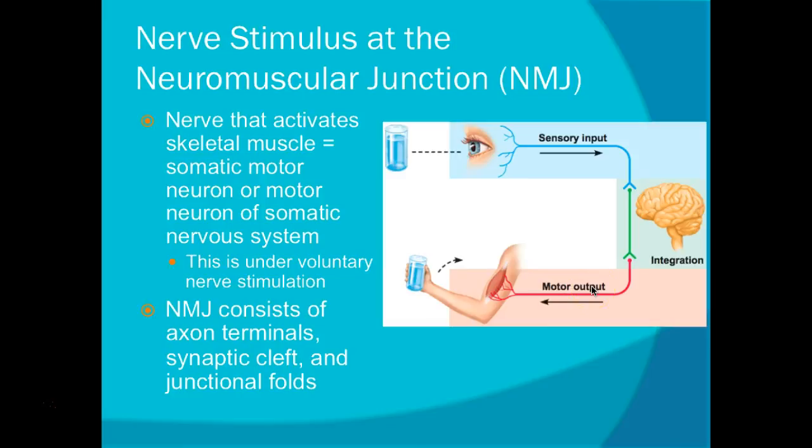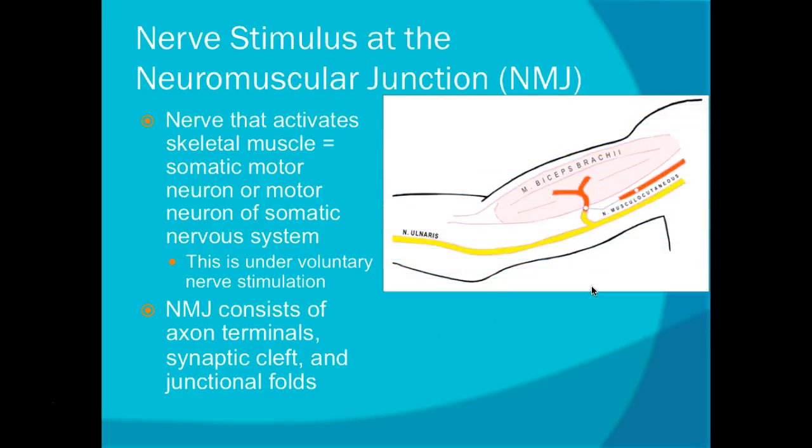And we know skeletal muscle is under voluntary control, so that means we have conscious control. We're kind of telling our nerves when to send an impulse to our skeletal muscle and cause contraction. So now that you know all that, let's talk about our neuromuscular junction.